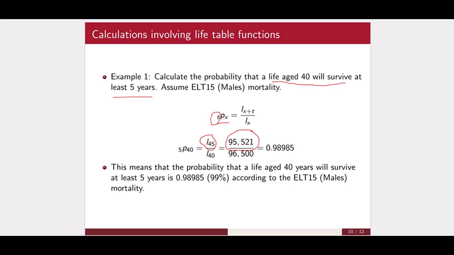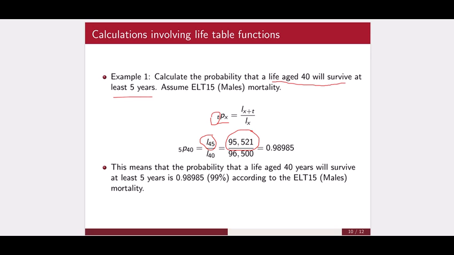When it comes to age 40, there are 96,500 lives that survive to age 40. As you will notice, L45 is less than L40. This is following the law of human mortality, that as we get older, the probability of survival reduces. That is why those surviving to a higher age are less.